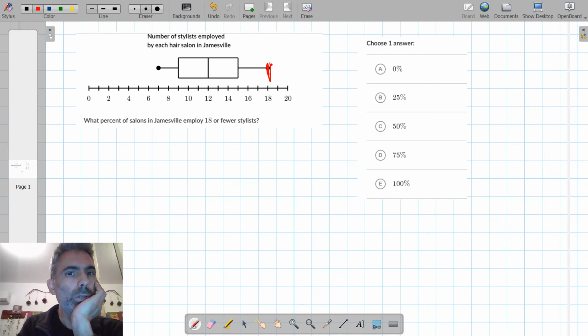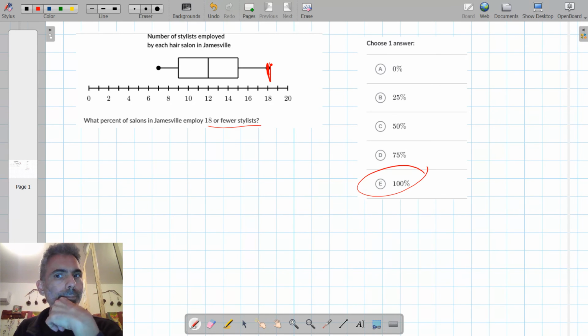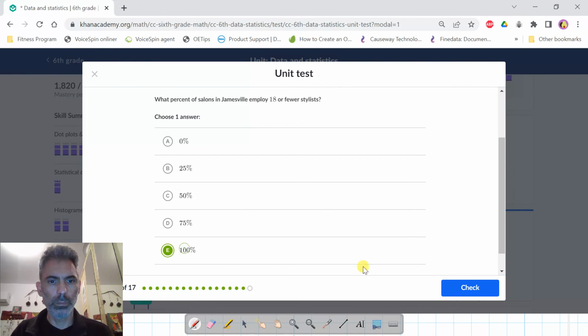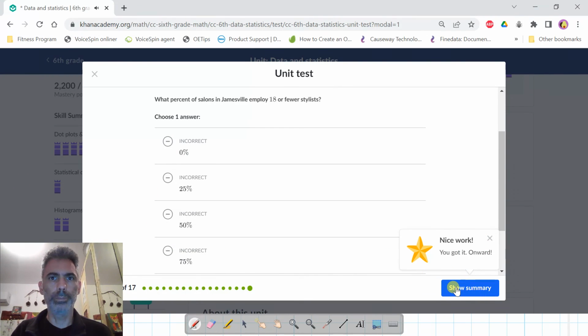So all of the salons employ 18 or fewer, because 100% of the data is 18 or below. Good.